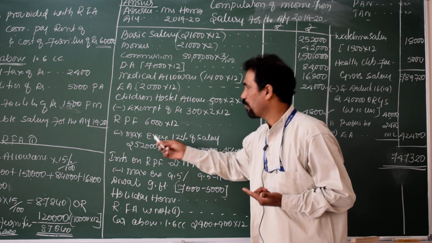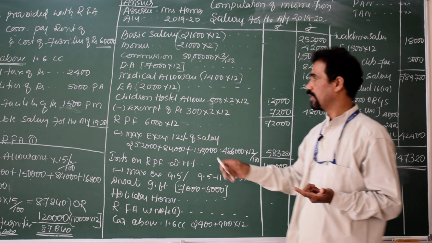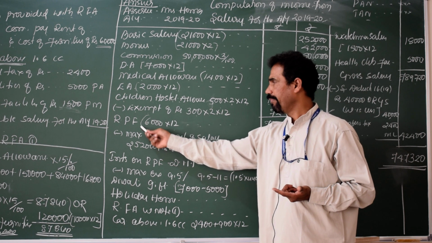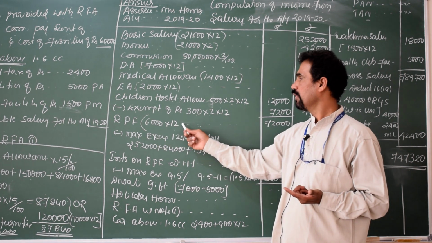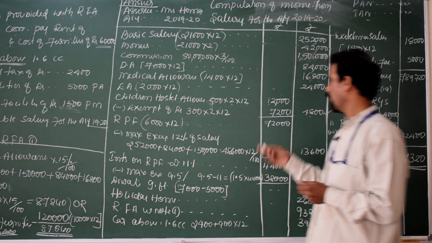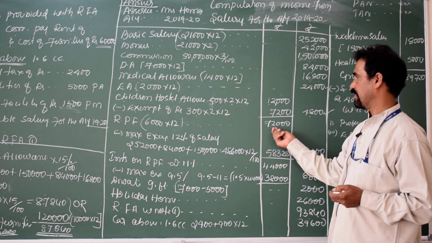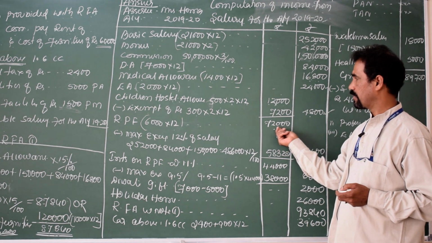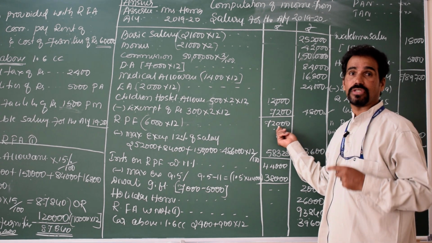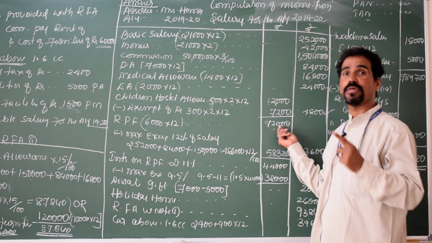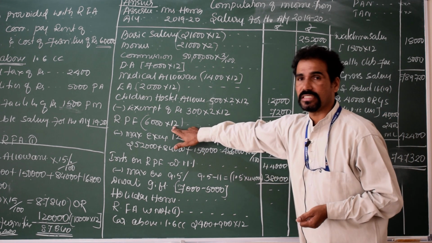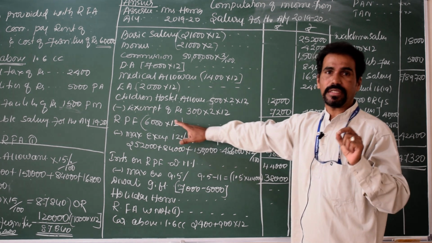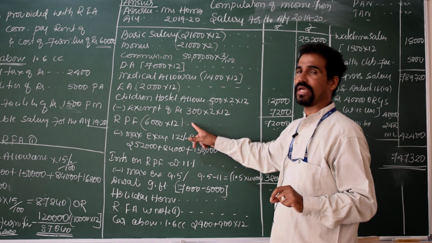So you can take only the employer contributions. What is the RPF employer contribution? 6,000 per month into 12 months. What is the total amount? 72,000. But I don't know how much we are going to tax, how much will be deducted, what the percentage is. You should calculate the percentage also, it is very, very important.